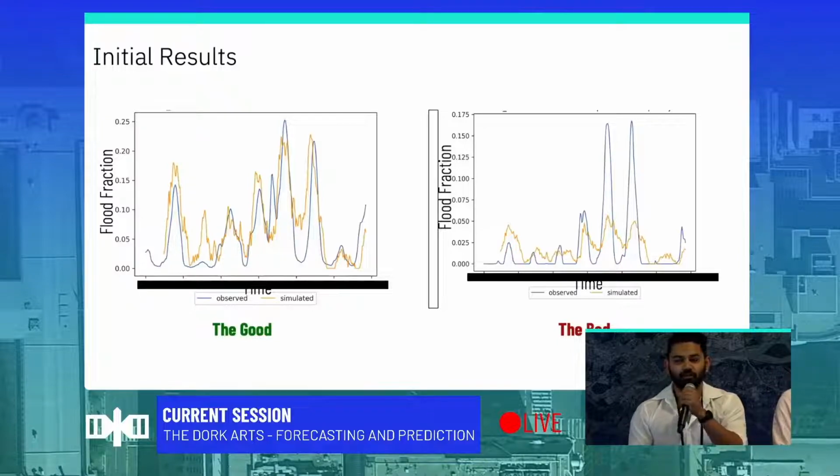So what we found out was that if you're looking at a certain class of flooding, flooding that's driven by snow melt from the upland regions, upstream regions, you can kind of model it pretty well. But if you're looking at convective precipitation events, you cannot model it at all. And we were like, why is that?